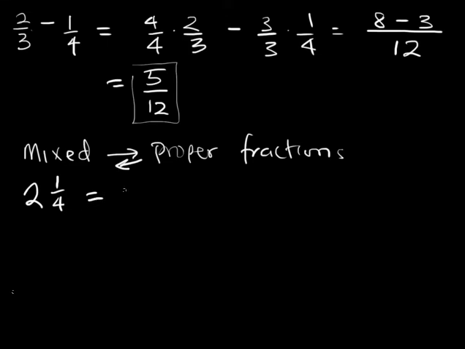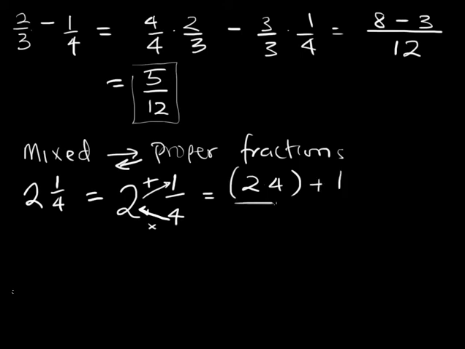The representation for 2 1 over 4 in proper fraction is to take that 2, blow it all out, and you multiply here, and you add. Okay, so it becomes 2 times 4 plus 1, all divided by 4. So you can see that that is 9 over 4.